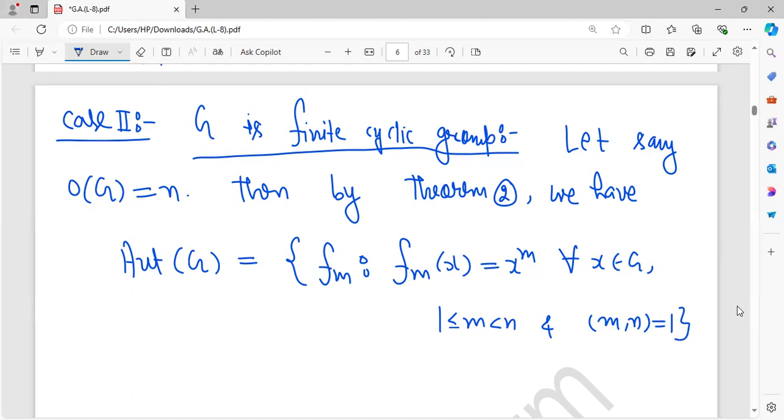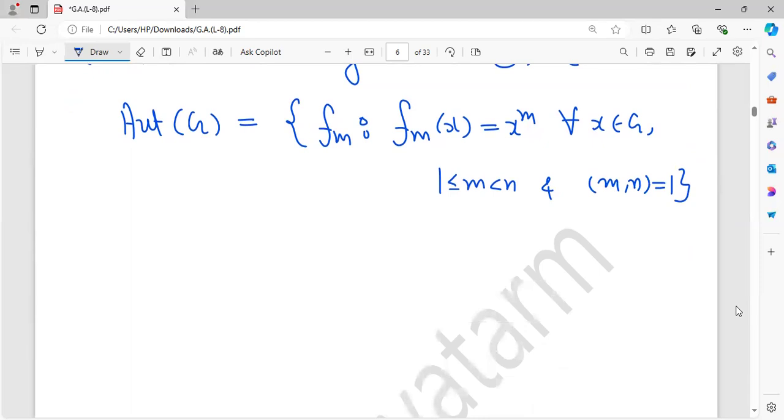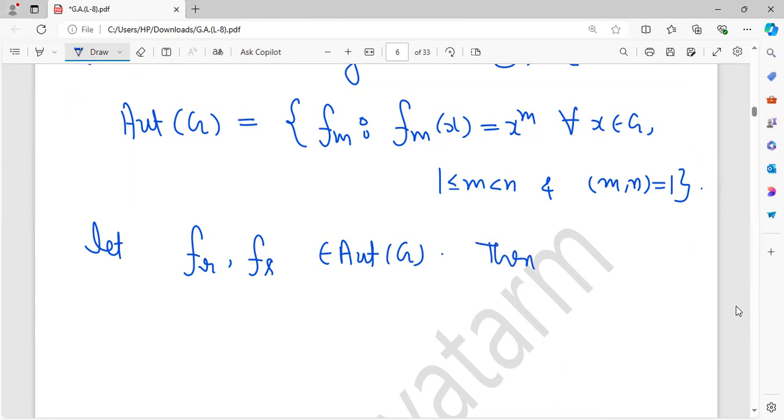Now you take any two elements. So now let F_r and F_s belong to the automorphism group of G. Then F_r(A) means A to the power r, and F_s(A) means A to the power s.